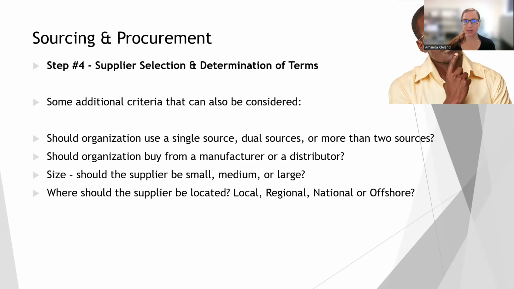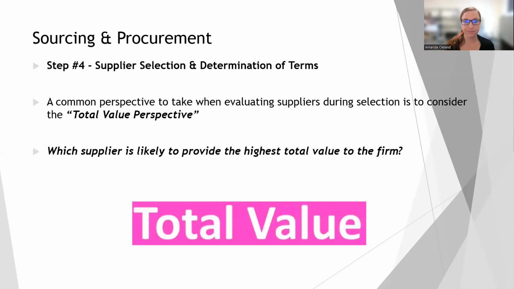The size of the supplier: do we want them to be small, a medium-sized company, or a large Fortune 500 company? And then where do we want them to be located? Do we want them to be local, in the same town as us? Regional? National? Can they be offshore somewhere internationally? So there's a lot of different criteria that we've got to ask ourselves in terms of who is the right supplier to choose from when we are deciding which supplier to buy from.